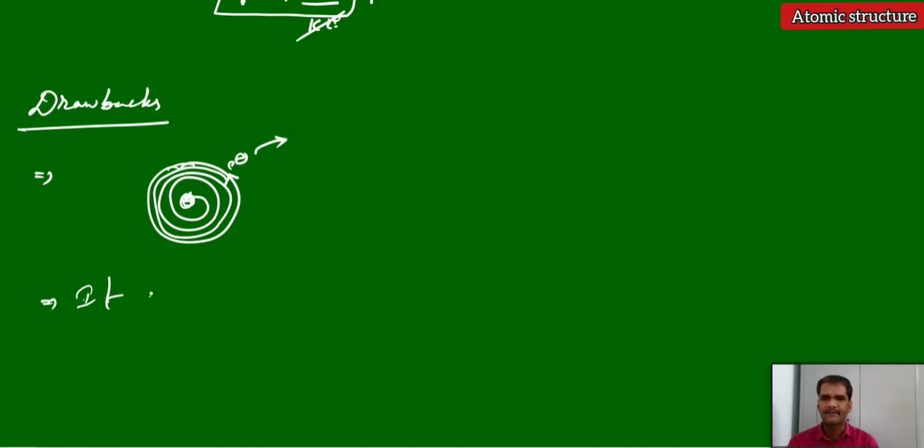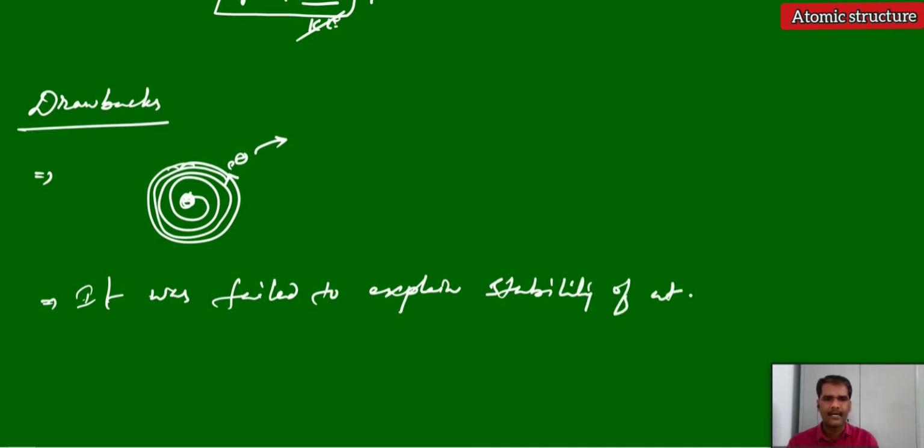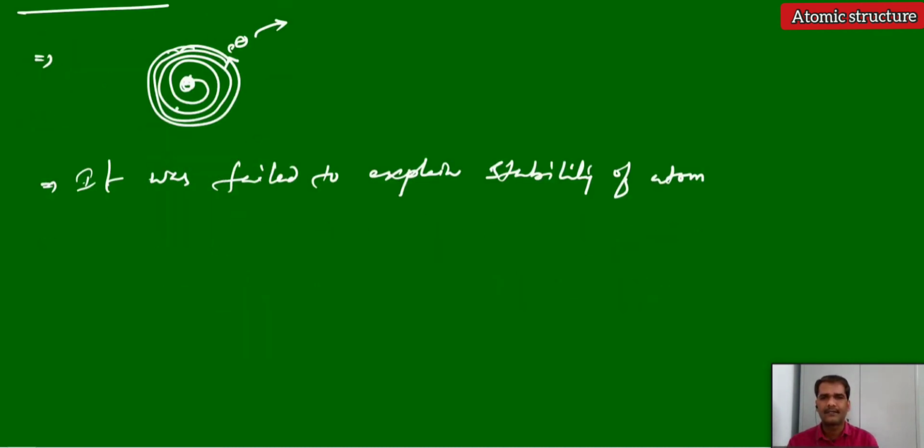It failed to explain the stability of the atom. Why is the atom stable? Why is the electron not collapsing, even though it should emit some radiation? That is the main drawback. It does not explain the distribution of electrons.